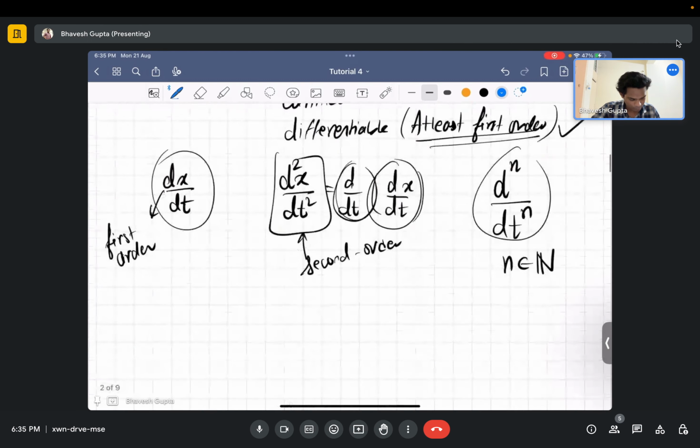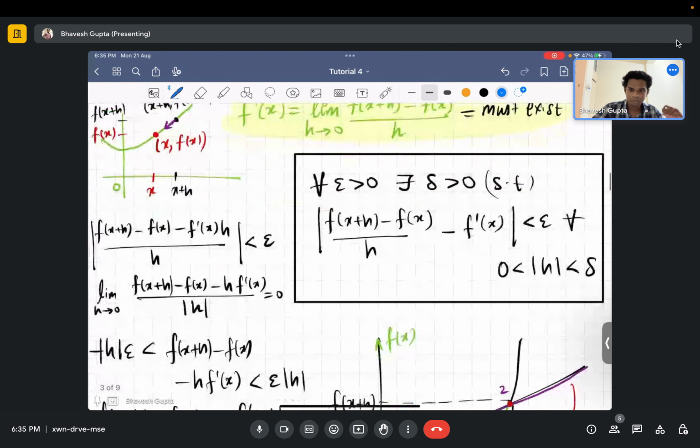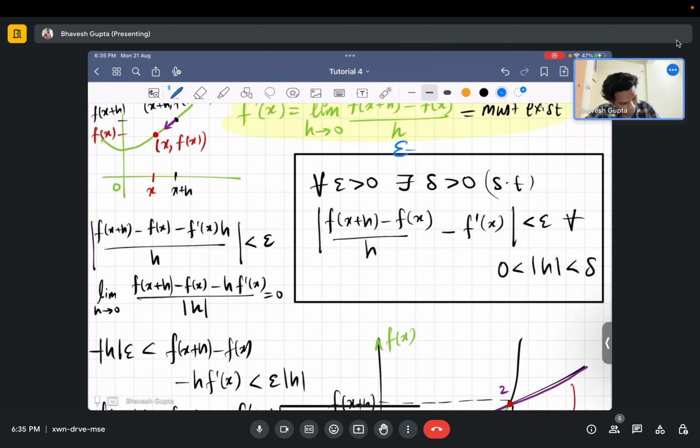Now I want to go to an idea called epsilon delta notation, or you can say the definition of differentiability.